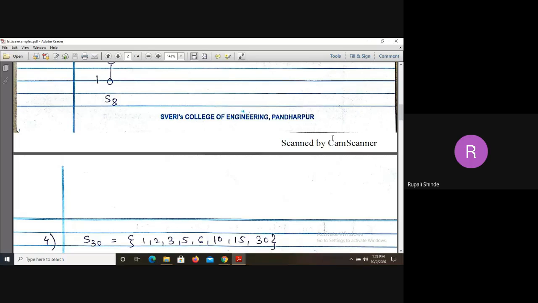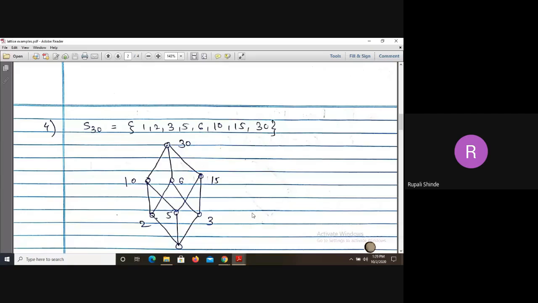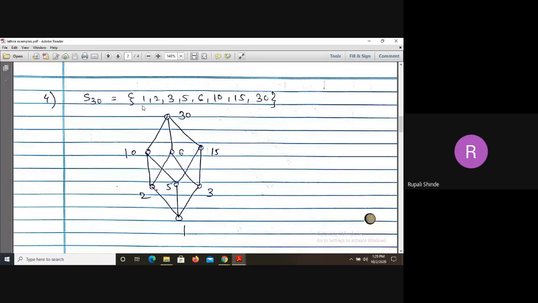I got one reply, but whatever you have drawn is not correct, because 2 is not a divisor of 5 and you have directly connected 2 and 5. That is not correct. So in this solution, the first integer is 1; 1 divides 2, 1 divides 3 and 1 divides 5.